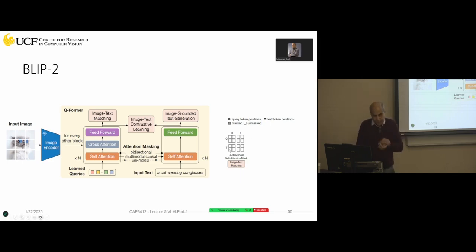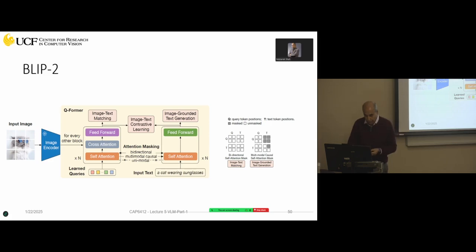When we are doing the cross attention, we have 4 tokens, 2 query, 2 text. Standard self-attention: each token will pay attention to all other tokens, right? But here, since there are 3 different losses, they have different ways to do it. For image-text matching, each of the query tokens and also text tokens are all unmasked. It's a standard self-attention kind of thing.